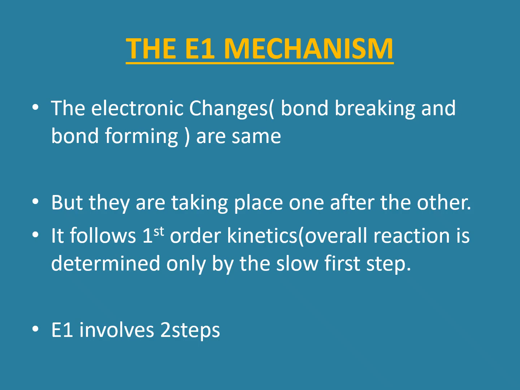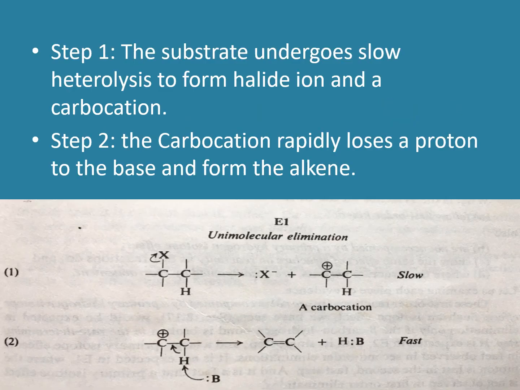So it has two steps, and the first step is the slowest step, and based upon that first step the overall reaction is determined. And in the first step only one reagent is there, that means the substrate, and that's why it is first order kinetics.